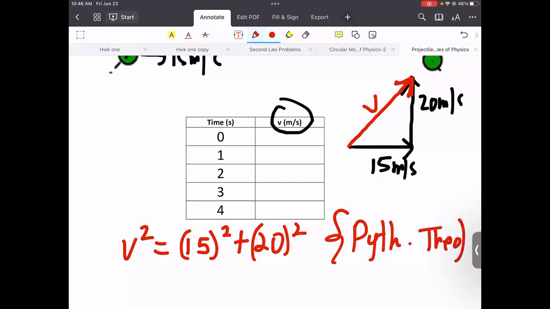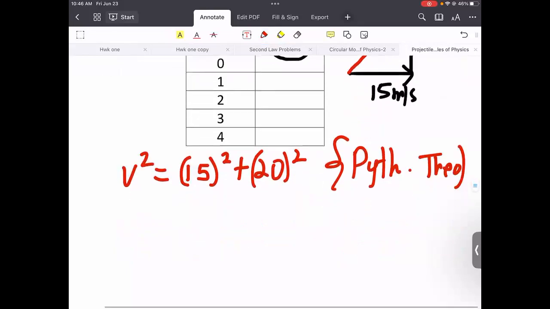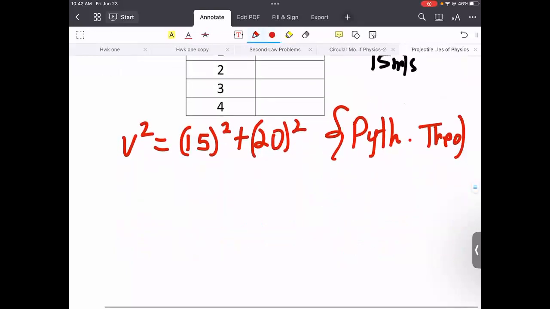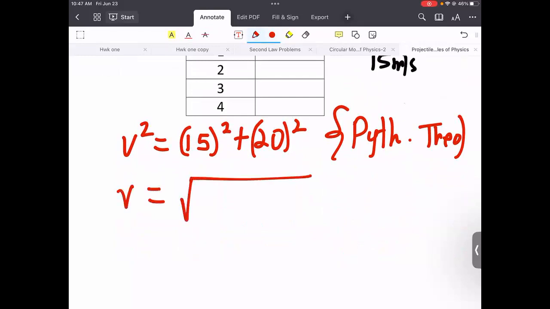All right, then we can go ahead and find our V. So go ahead, find V. So V here will be the square root of 15 squared plus 20 squared. So I'll use my calculator here. You can also try to do it wherever you are. Try to find the square root of that.